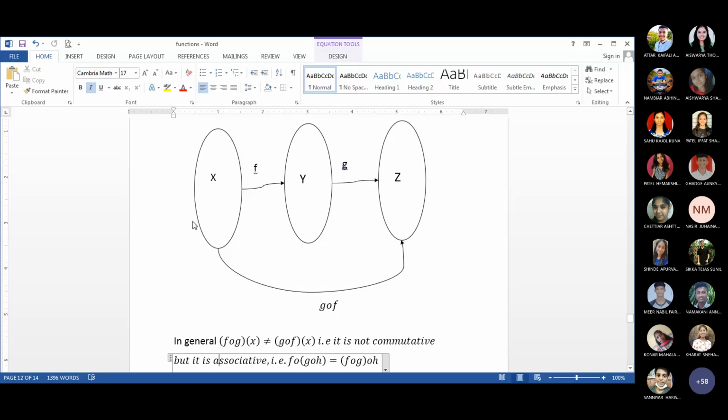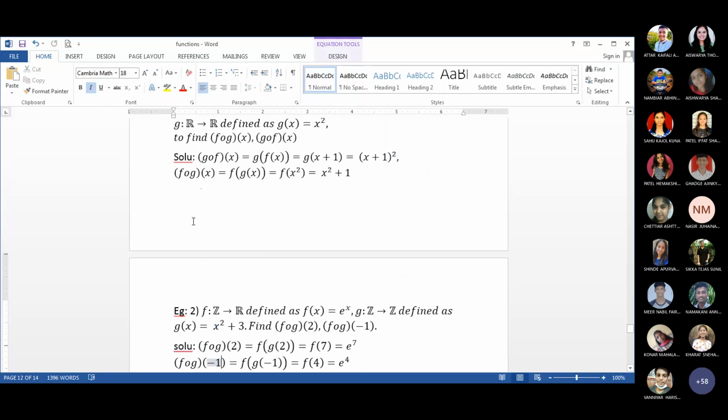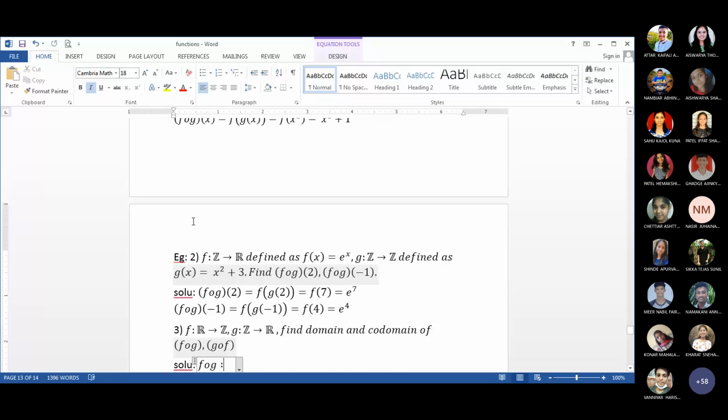I am just scrolling down to that question. So the domain and codomain for f composed with g as well as for g composed with f.